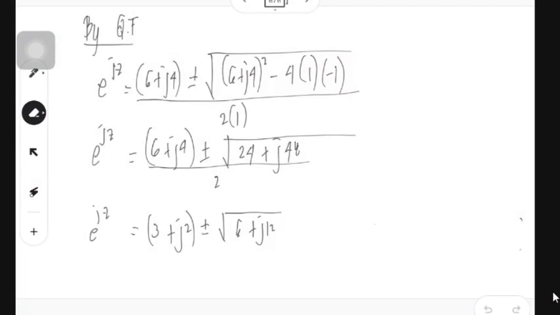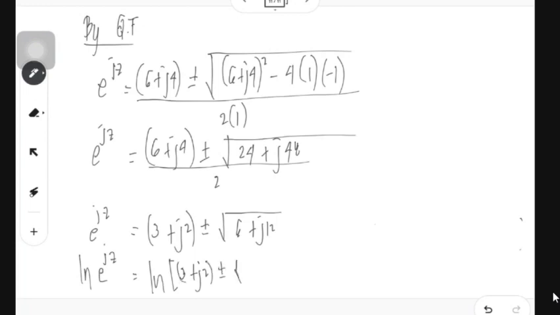And to solve for the value of Z, take natural logarithm of both sides. Magiging natural logarithm of e to the jz is equal to the natural logarithm of 3 plus j2, then plus or minus square root of 6 plus j12. Taking natural logarithm of both sides.